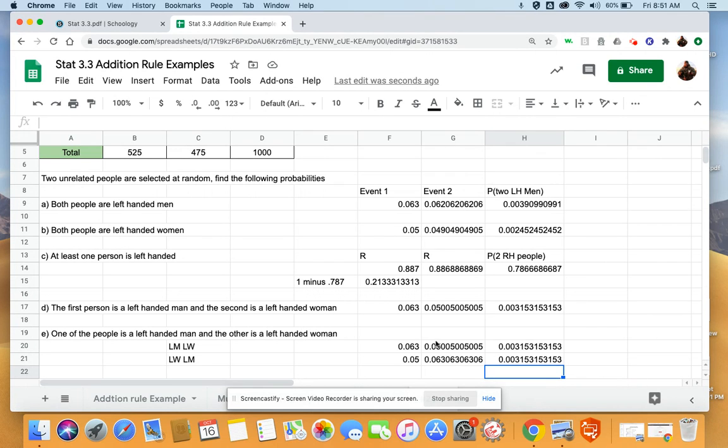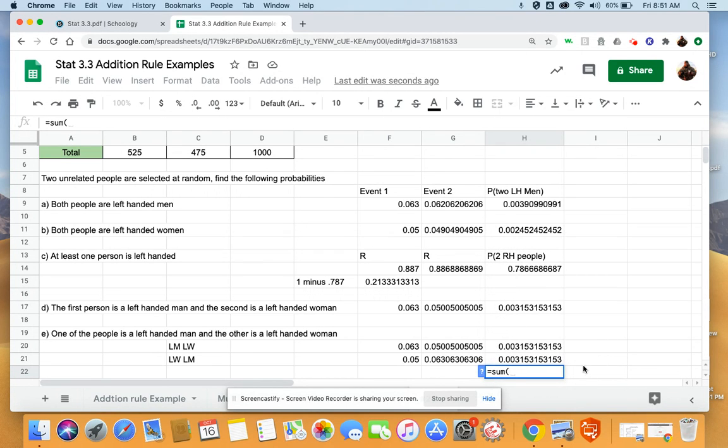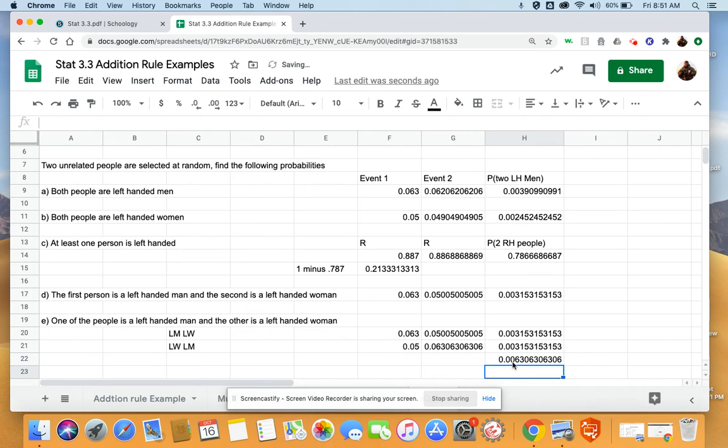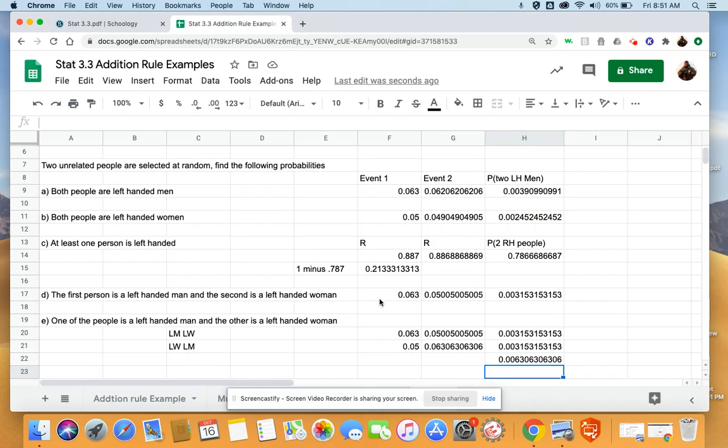So these two numbers should come out to be exactly the same, and we're going to find the sum of those. And we get 0.006. And that is the correct answer from the textbook, 0.006. If you had recognized the rules and properties of multiplication and known that these two answers were going to be the same, you could have just doubled this and got the correct result as well.